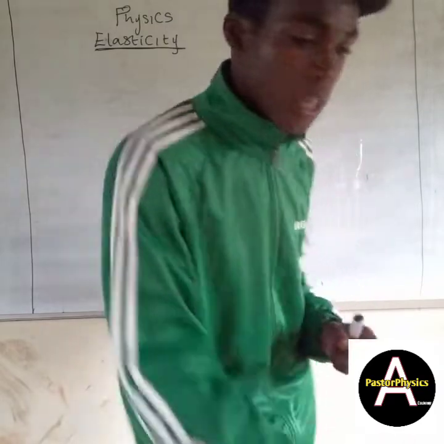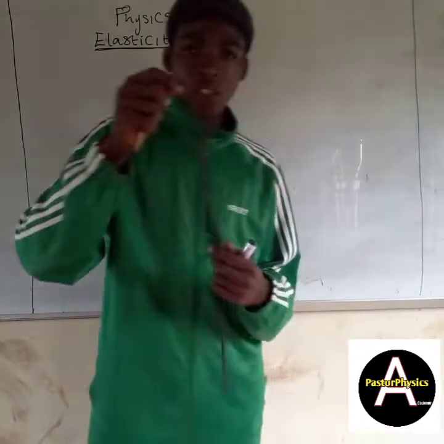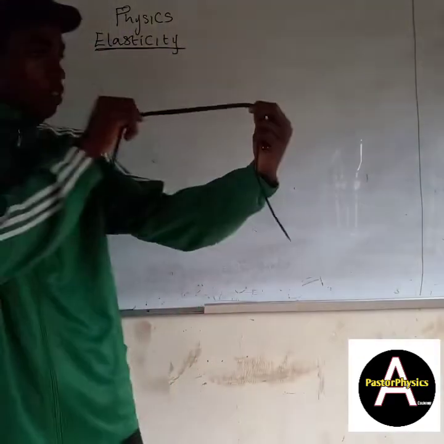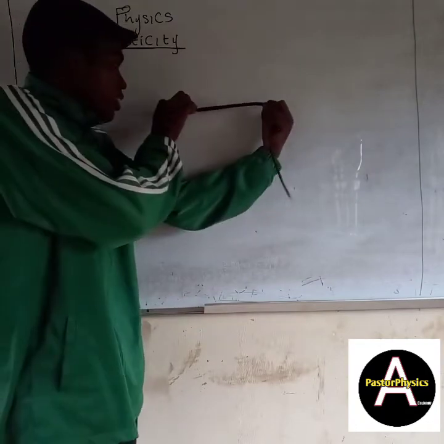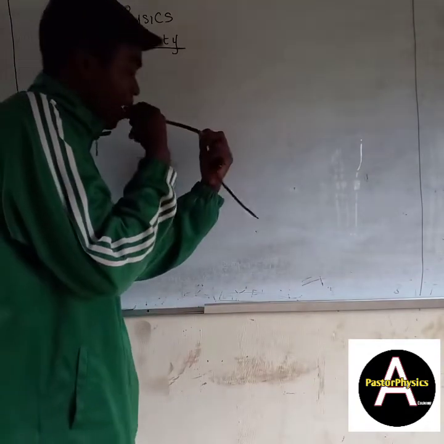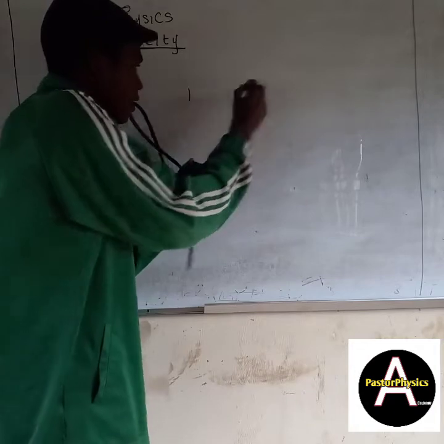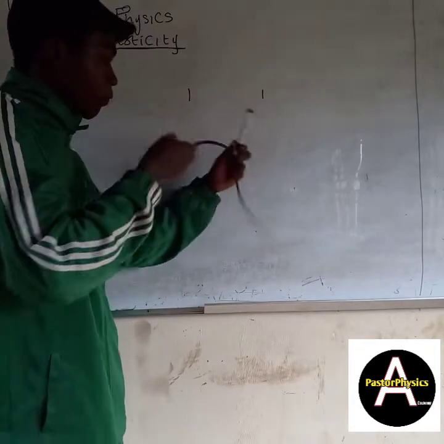What do I mean? For example, let me take an elastic material, this rubber. You can see now the original length here is this point, right? If I mark it, I'll have something like this, right?